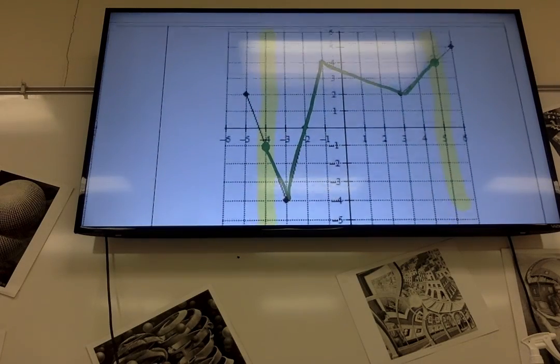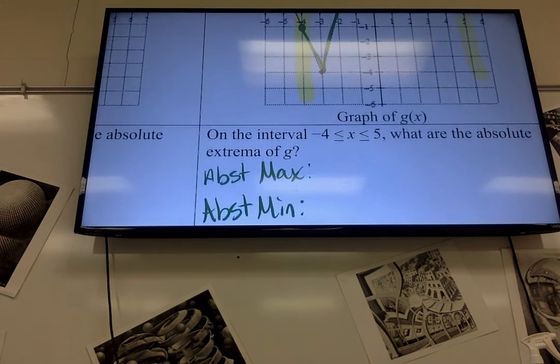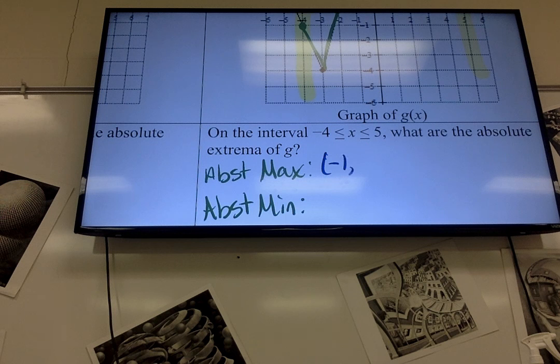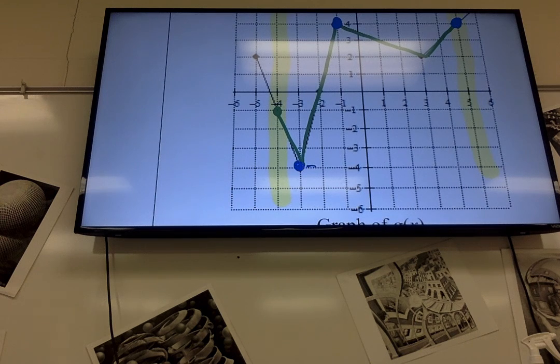Okay, absolute max. You said -1, 4, and 5? Yes, there's 2 of them because they go to both the highest point. So yes. Oh, I think it's -1, 4, right? Yeah. Okay. So -1, 4, and 5. What about absolute min? -3, -4. Yep.